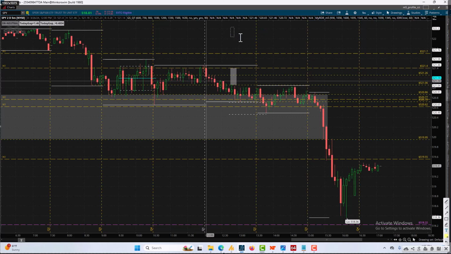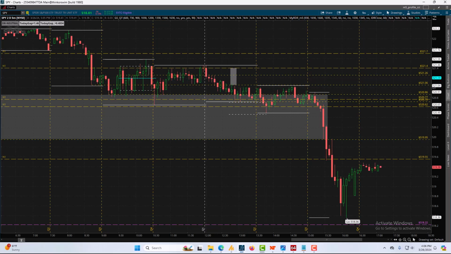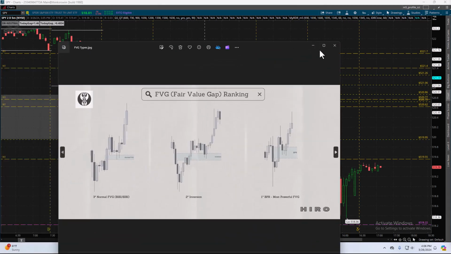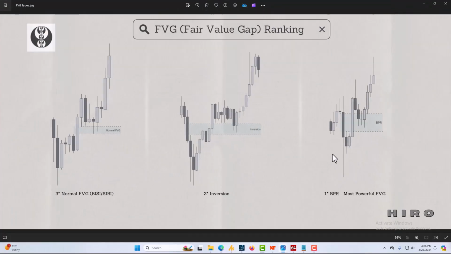Let's see. Yeah, here's one that is a balanced price range, right? Down, up, and then retest, go up.